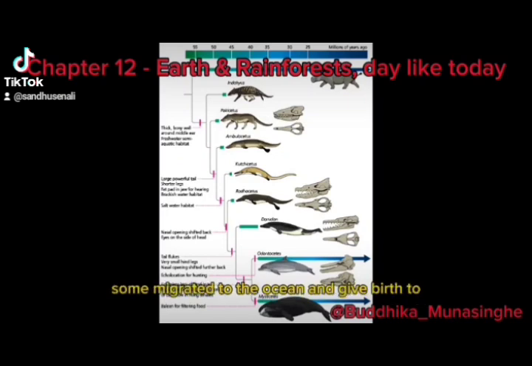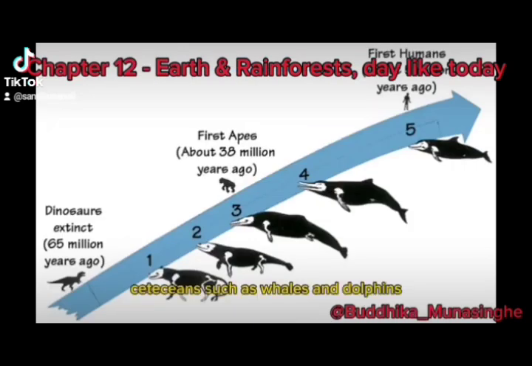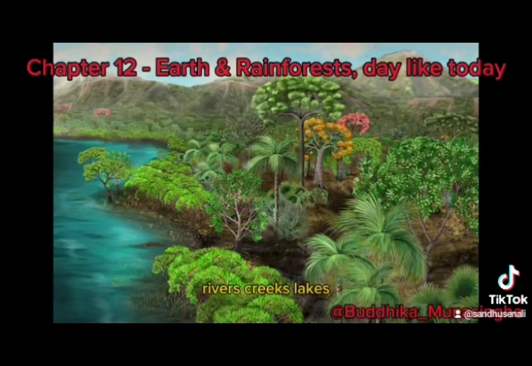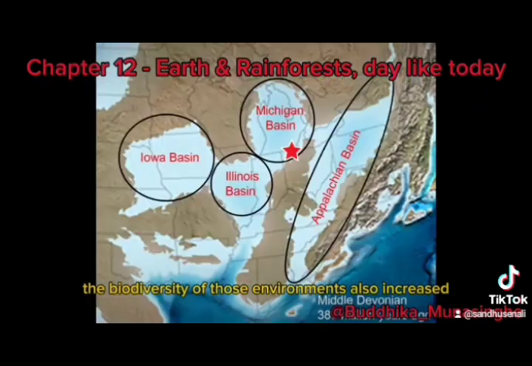Some migrated to the ocean and gave birth to cetaceans such as whales and dolphins. Others became monkeys. Seas, mangroves, rivers, creeks, lakes, ponds and jungles near the equator are very fertile ecosystems.